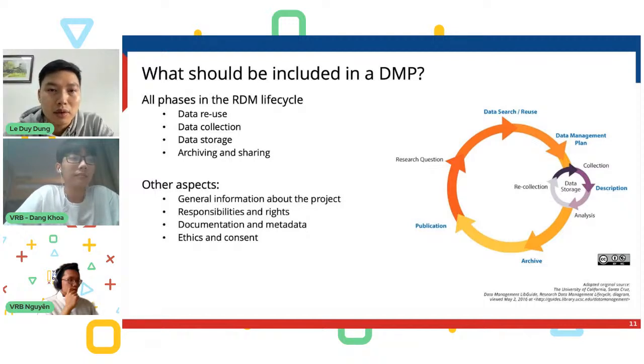Other aspects that you should mention in the data management planning are the general information about the project, who is responsible for managing this data, and what the rights are. The rights here means who has the access rights, for example, whether it's open access, closed access, or requires permission.